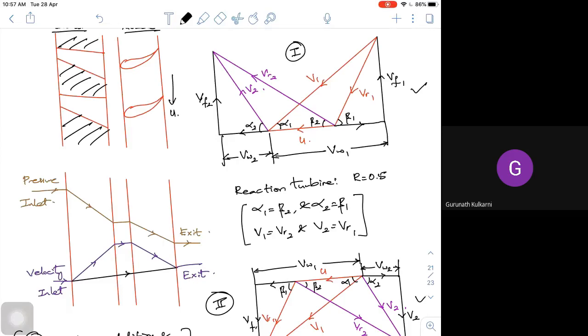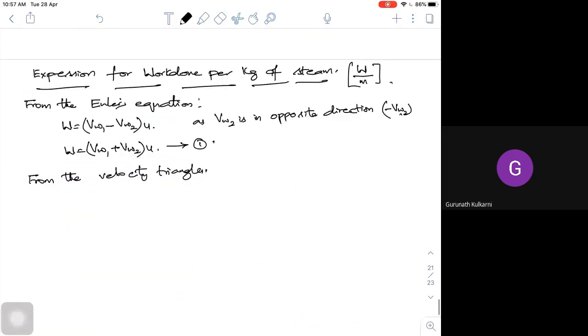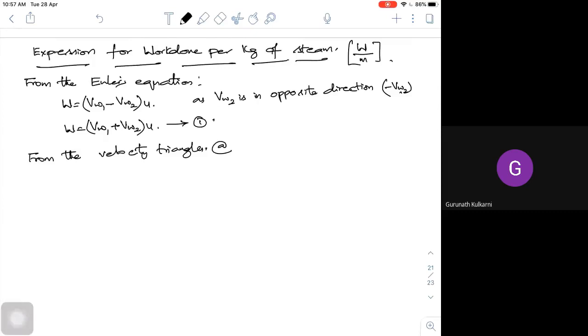From the velocity triangles at inlet and exit, VW1 is equal to V1 cos alpha 1.